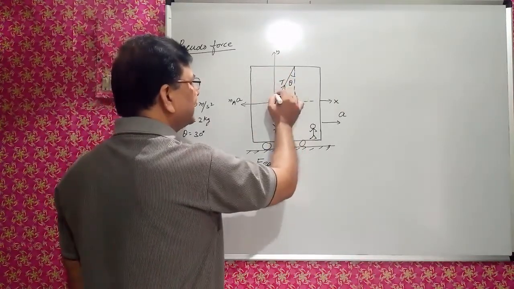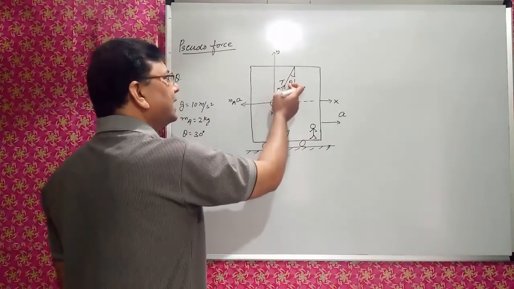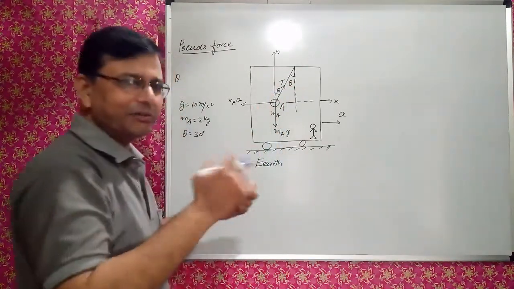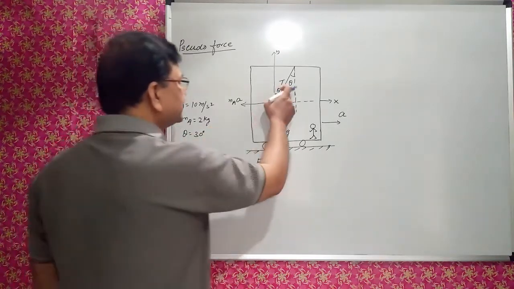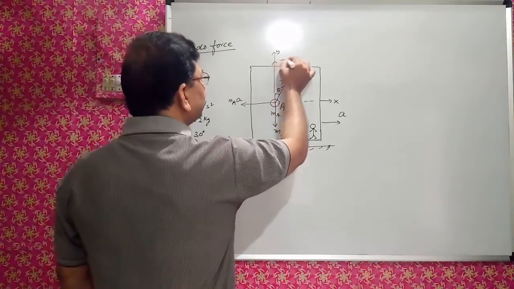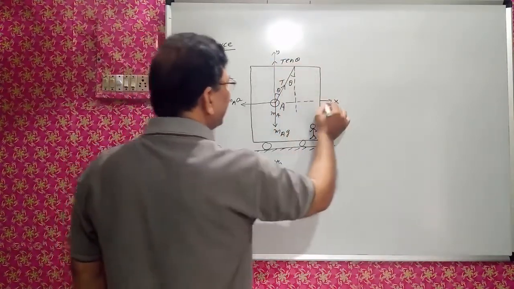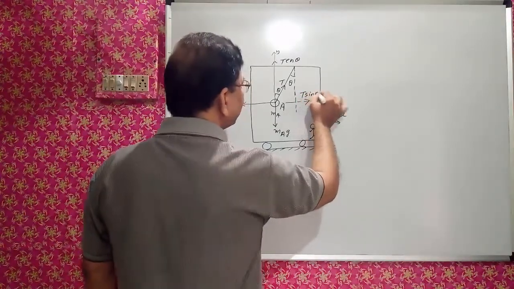So this is theta, this will also be theta, these two are parallel, this is transversal, alternate angle, that will be geometry. Alternate angle, this will also be theta. So it is T cos theta will act in this direction, and in this direction, that is T sin theta.